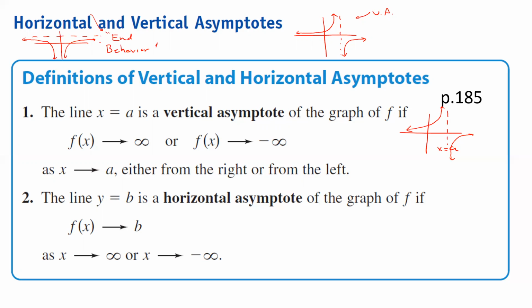So horizontal asymptotes, what happens at the ends? Vertical asymptotes are the breaks in our graph. So over here next to VA, you can probably put break in graph. It's the breaks.